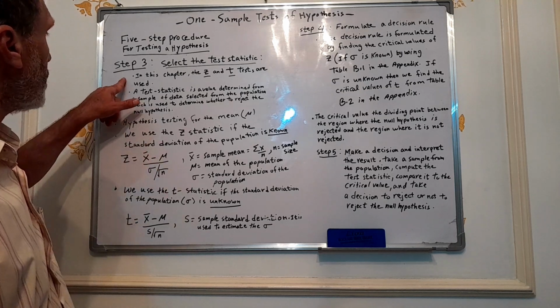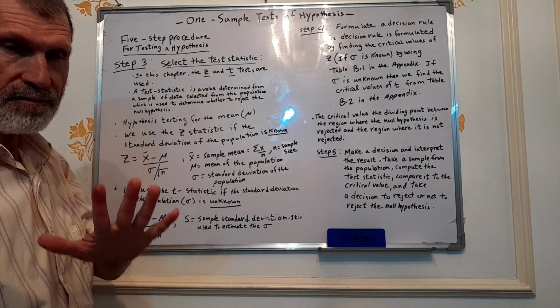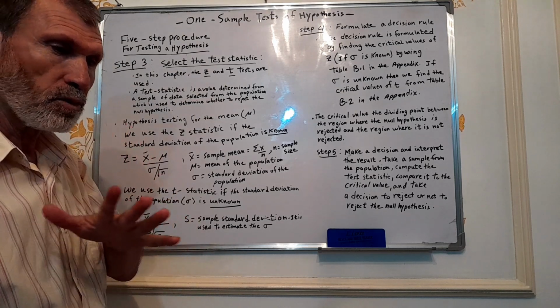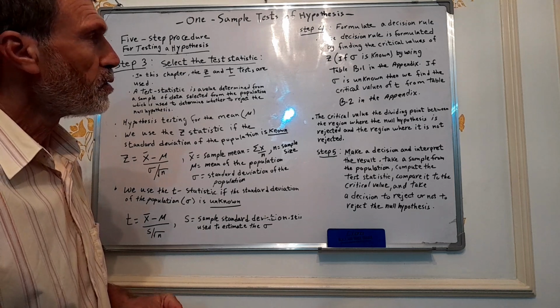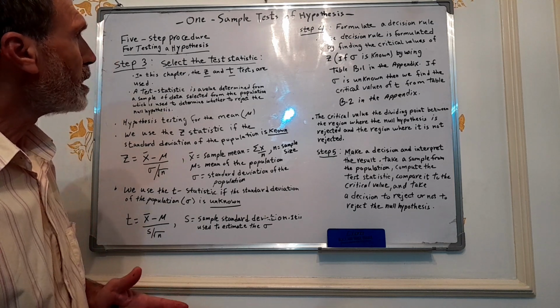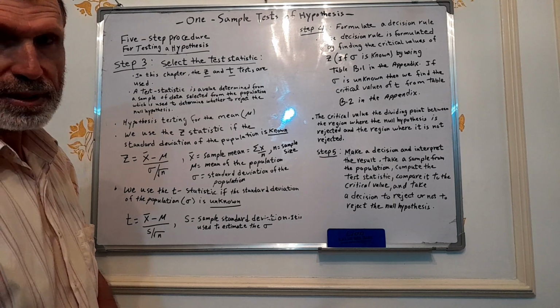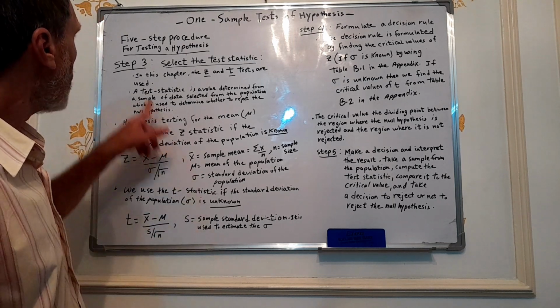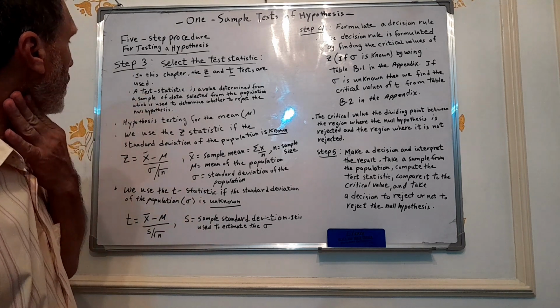Step 3, select a test statistic. We have 5 steps that we have to go through in order to test any statement about the population, any hypothesis testing. Step 3, of course, is to select the test statistic.